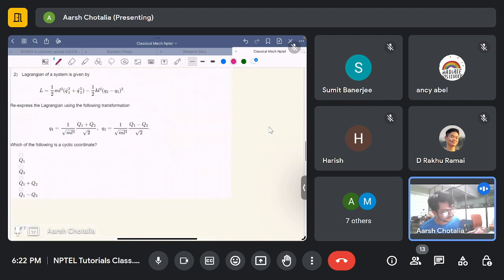Okay. The second question: the Lagrangian of a system is given by half m l square times q1 dot square plus q2 dot square, and then minus half k l square times q2 minus q1 whole square. Can someone say what kind of system this is?